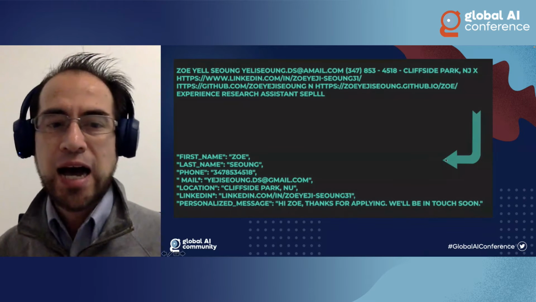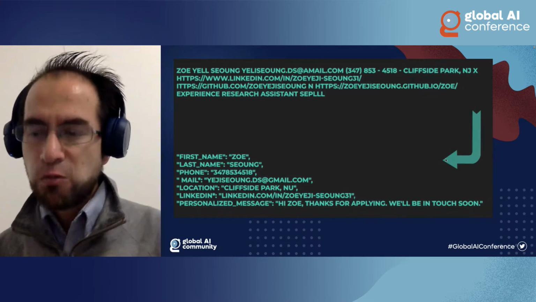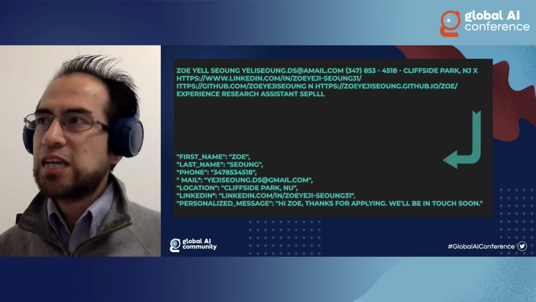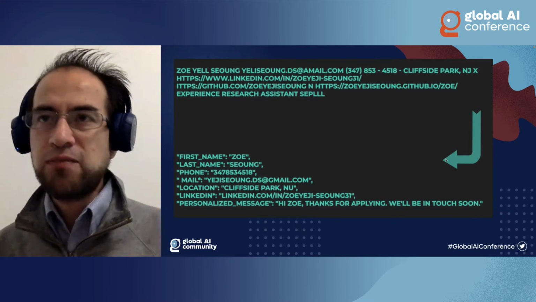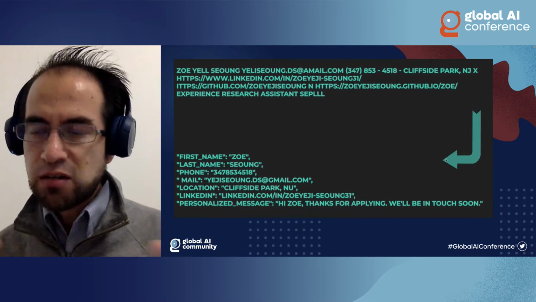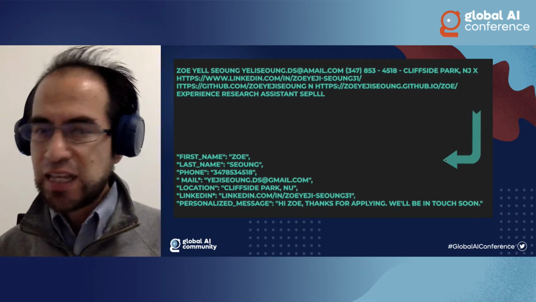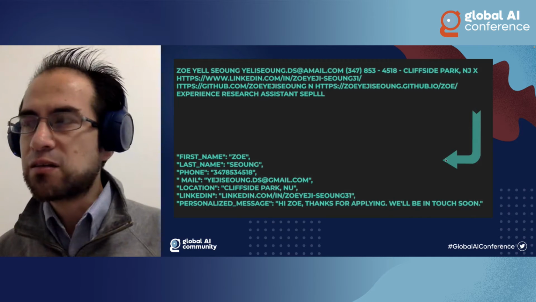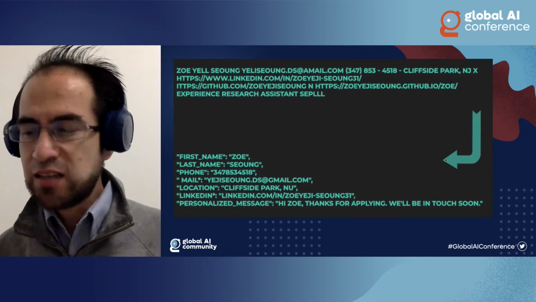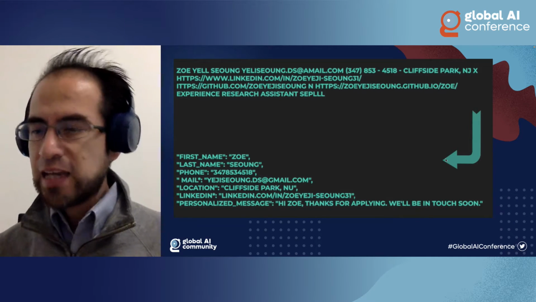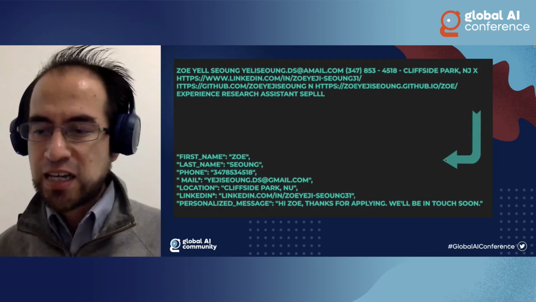This would be a nice example of what we can use fine-tuning for. Let's say that we receive emails with curriculum vitae from different people, and of course these are unstructured data. They do not follow some pattern. They are quite different. They can write it in the text, or they can have it inside a PDF.